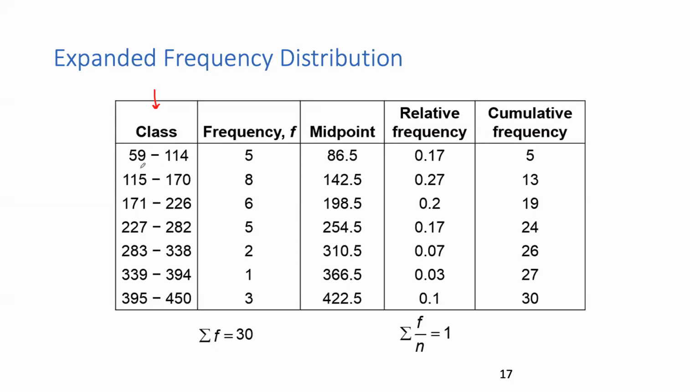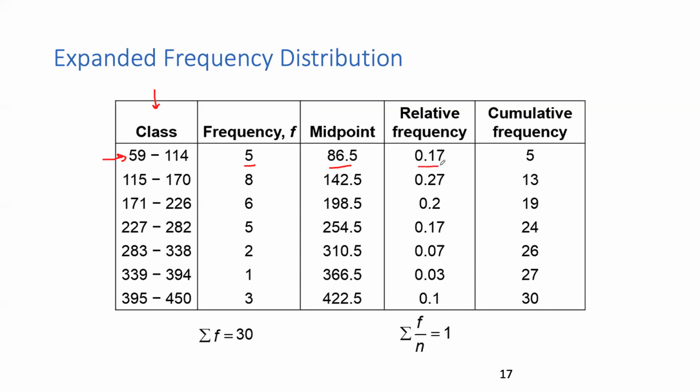You're telling me that in the first bin, if I think about what this row of information is telling me, the row of information tells me that the first bin into which the data has been sorted is between 59 and 114. The frequency is telling me how many entries are inside that bin. The midpoint, we'll get into it in a second why it's useful, but it's telling me the middle point of that class, so 59 plus 114 over 2.